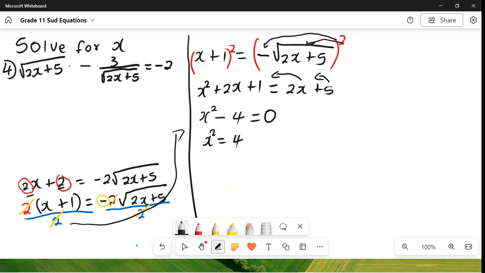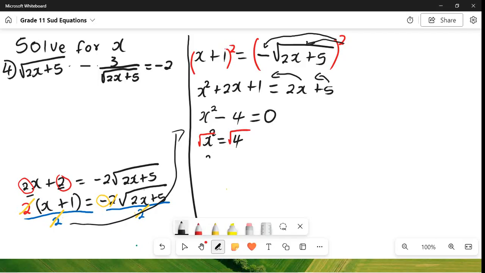Now, to remove this, we implement the square root on both sides. I've shown you that if you put a square root here and you have squared it, we have exponent 2 there, we're going to be left with x. But what you do on the left hand side must also be done on the right hand side.